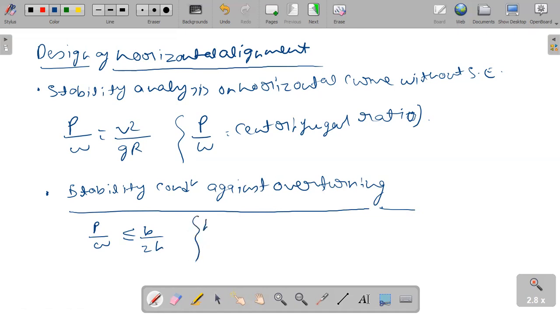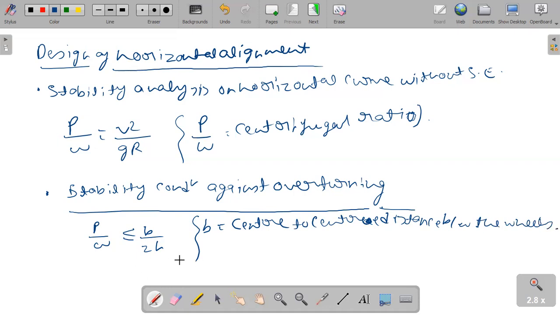B is the center to center distance between the wheels. And what is H?